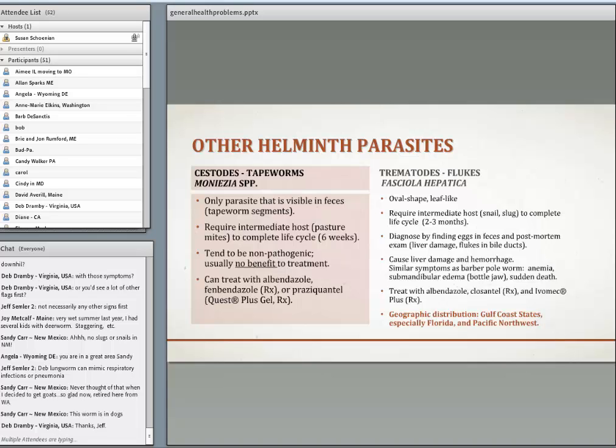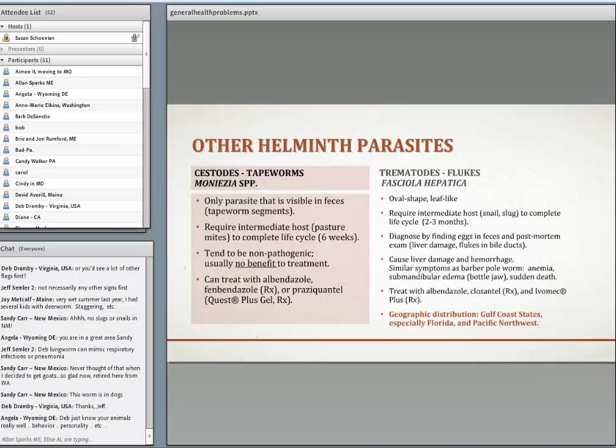If you do end up treating for them, albendazole is the only drug that's labeled to kill tapeworms, and they just kill the adults. Albendazole is Valbazen. It also has a conditional license for goats. Actually, I think that's for liver fluke, not for tapeworms.